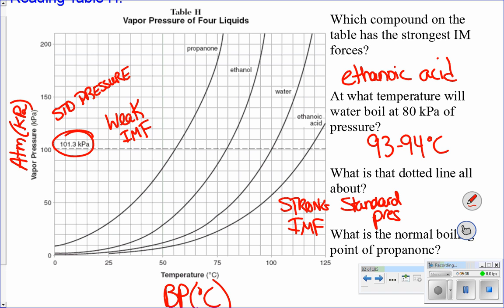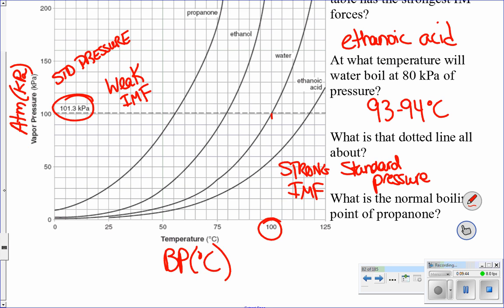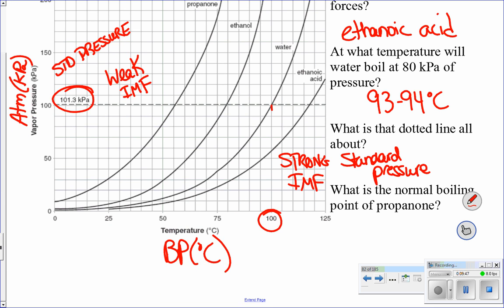If you follow that dotted line over to where it hits water and read the temperature, that is happening at 100 degrees Celsius. This is going to tell us something called the normal boiling point, or the boiling point at standard pressure. So you know that water boils at 100 degrees Celsius. That actually changes with atmospheric pressure, but we're pretty much always at about 101 kPa.